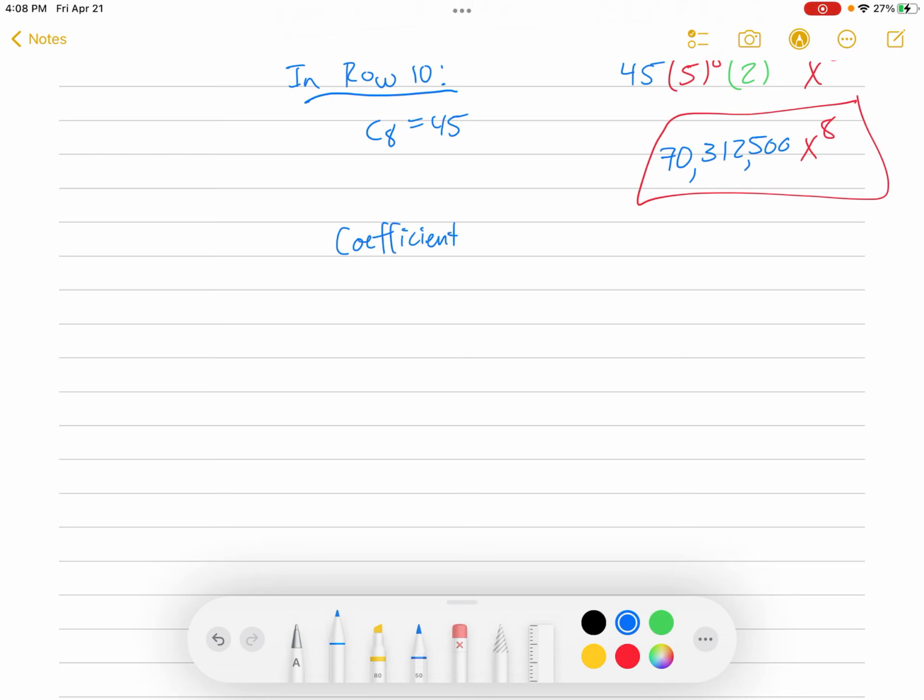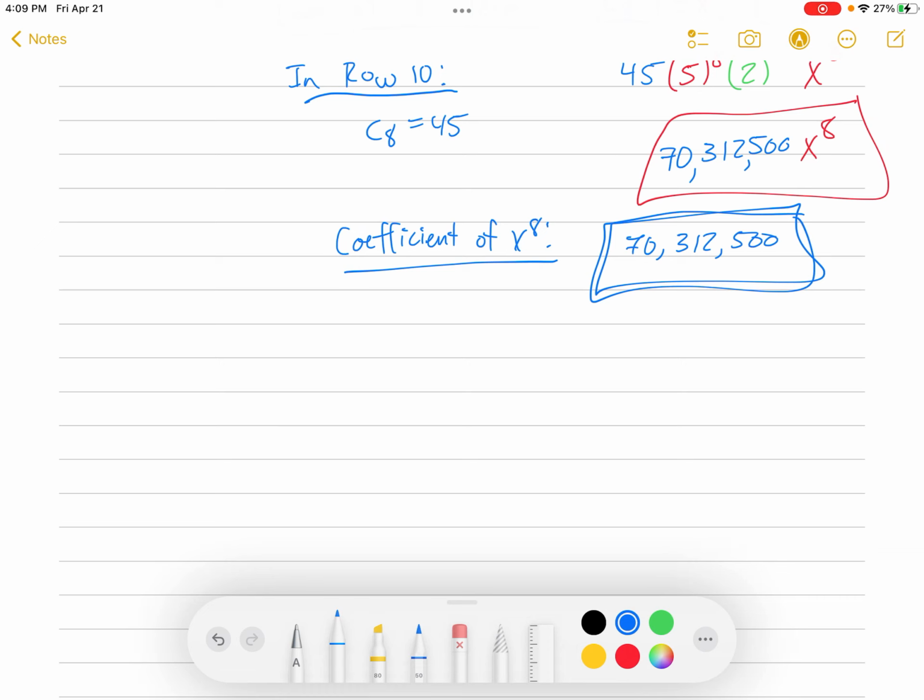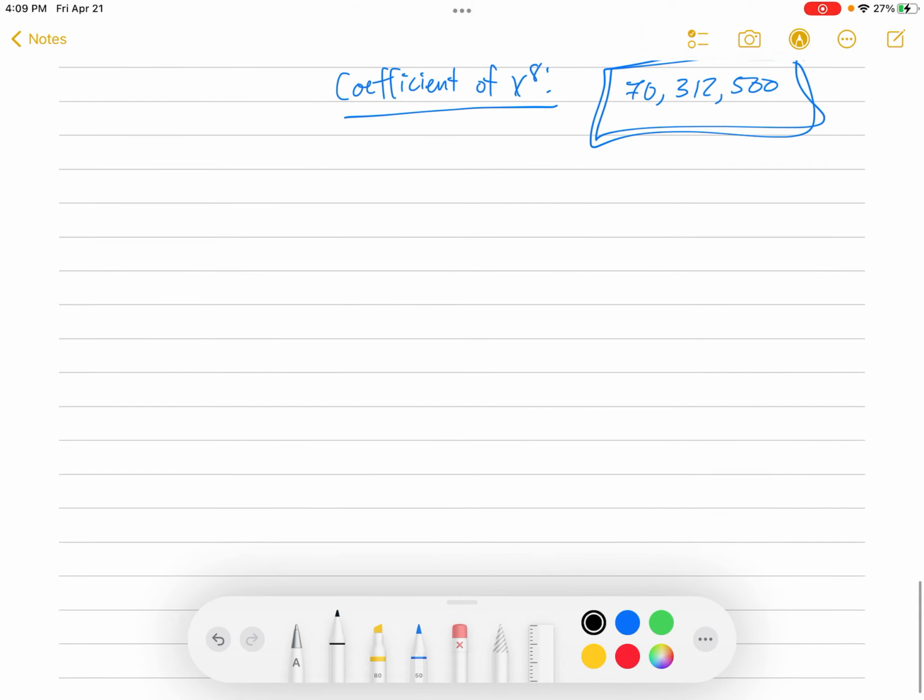So that's your x to the 8th term, and the coefficient is the blue guy. So here's the coefficient of x to the 8th. There's this blue number, 70 million, 312,500. Final answer right there.